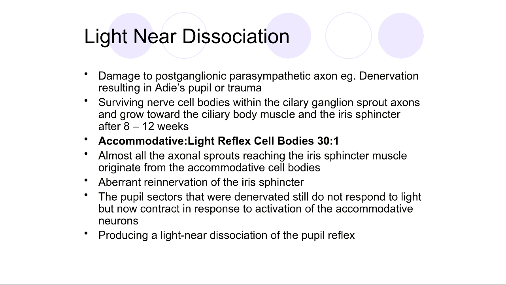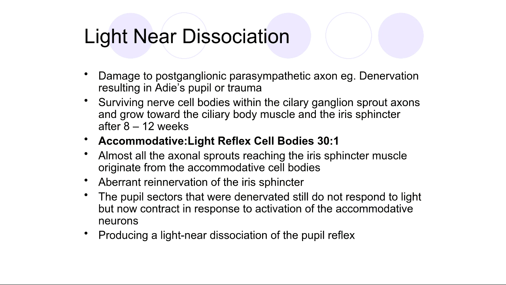The surviving cell bodies within the ciliary ganglion will sprout new axons and grow towards the ciliary body muscle and the iris sphincter after about 8 to 12 weeks. But remember, I said the ratio of accommodative to light reflex cell bodies is 30:1. So almost all of the new sprouts reaching the iris sphincter muscle will originate from the accommodative cell bodies.